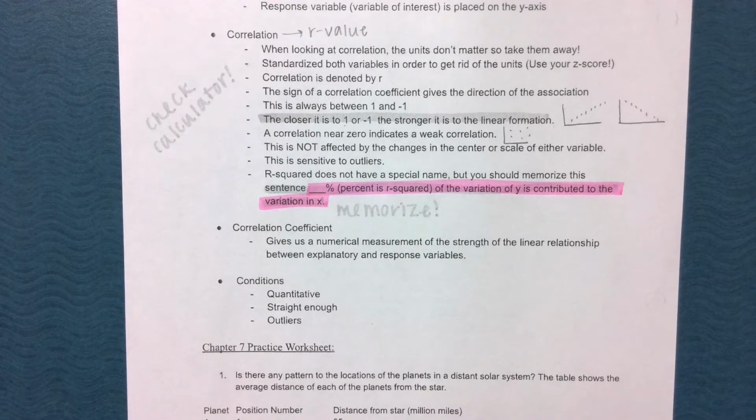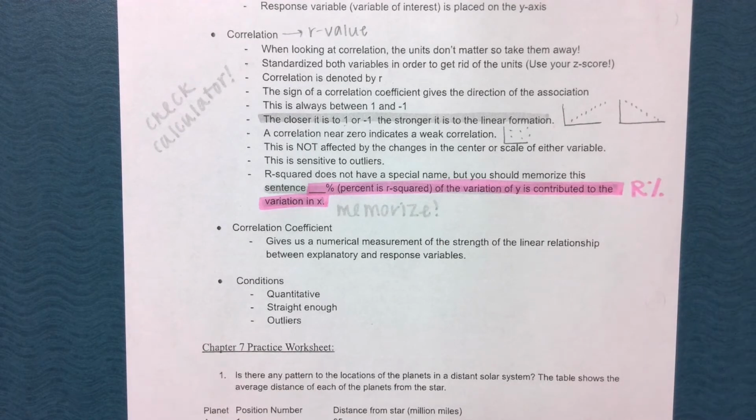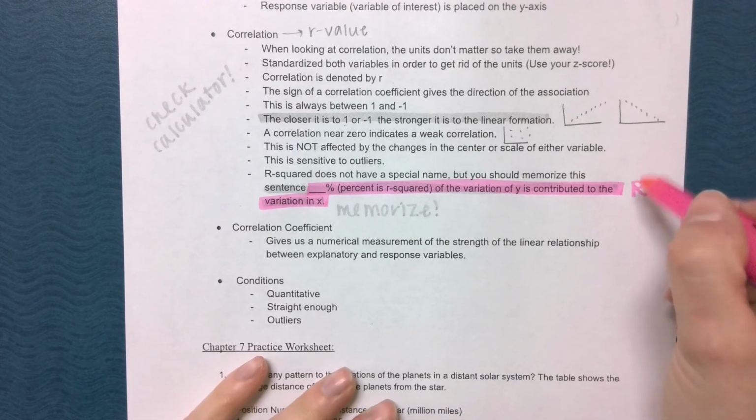So I would say 14% of the variation in heights is due to the variation in weights. You definitely want to know this sentence for R squared. If you're making a cheat sheet as you go through this review, this is definitely one that I would write down. This is something that we need to memorize.